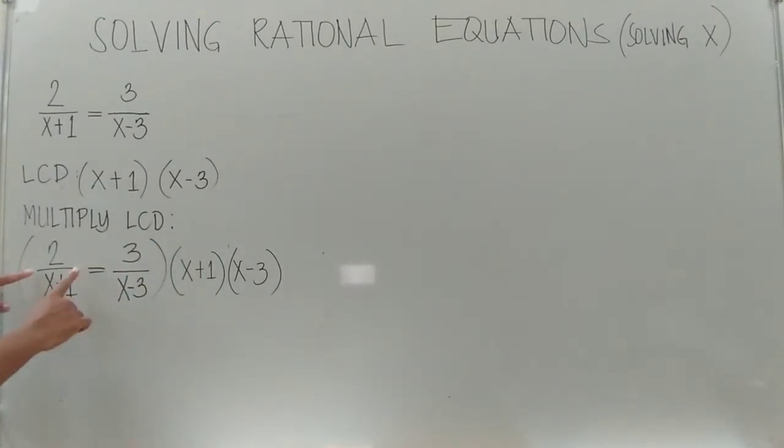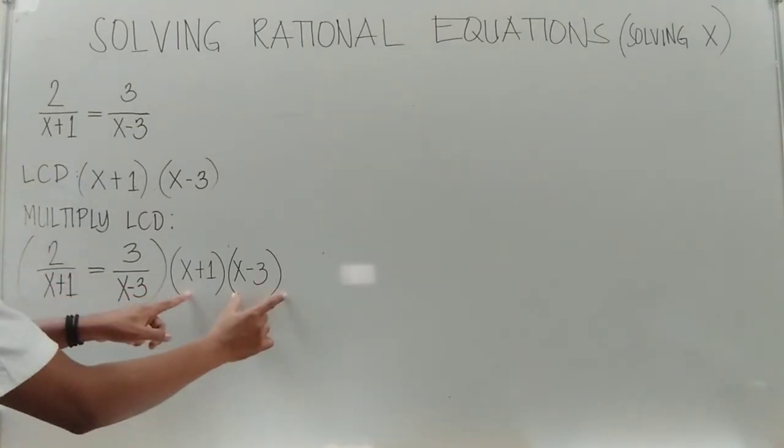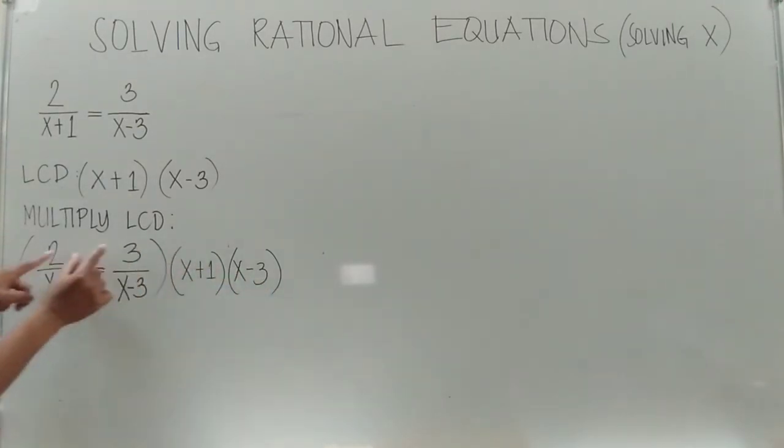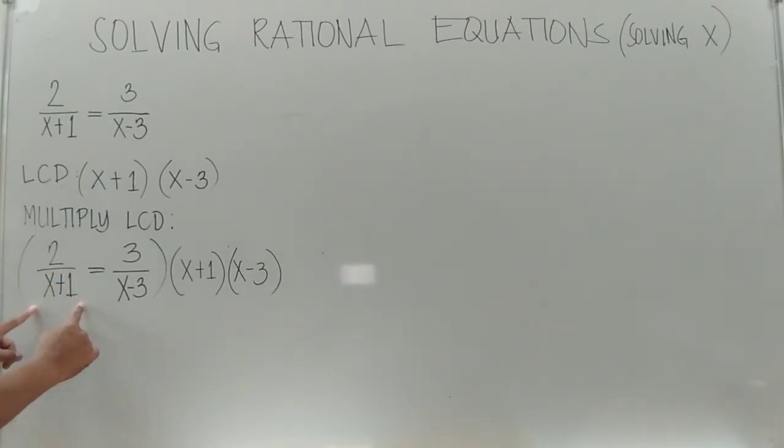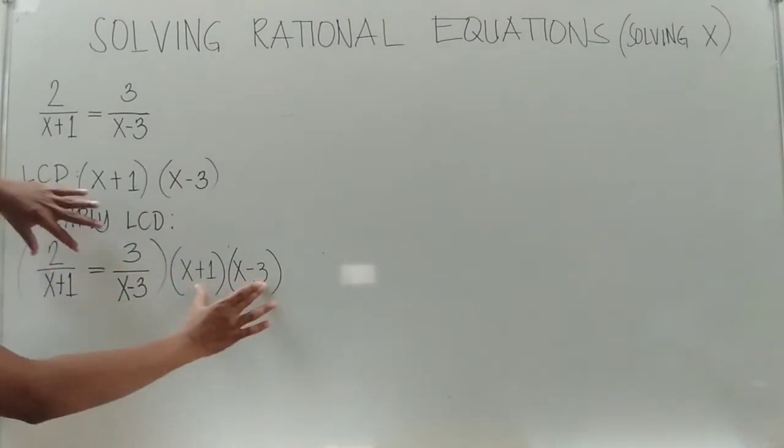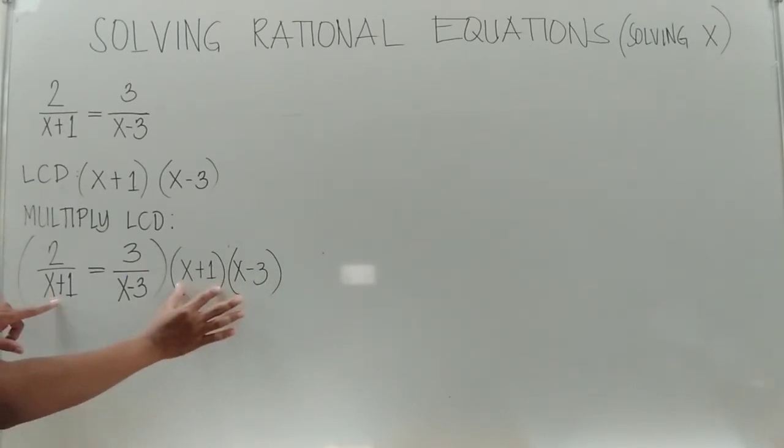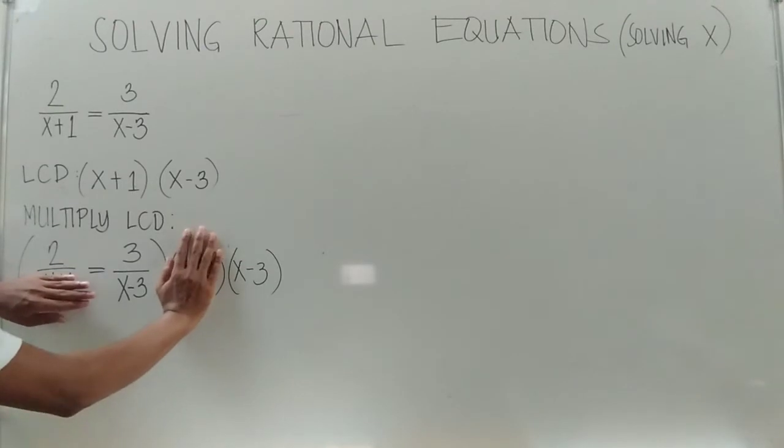Your LCD multiplied to your numerator divided by your denominator. So LCD divided by x plus 1: x plus 1 divided by x plus 1, this quantity divided by itself, is equal to 1. Therefore, the remaining is x minus 3.